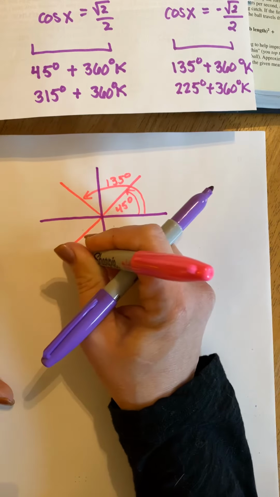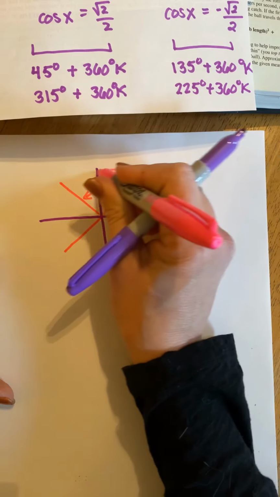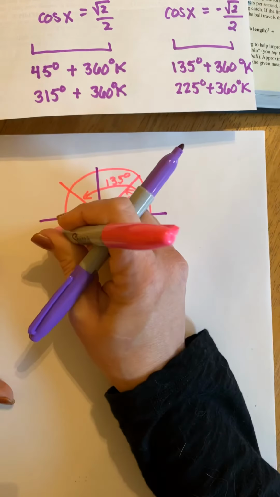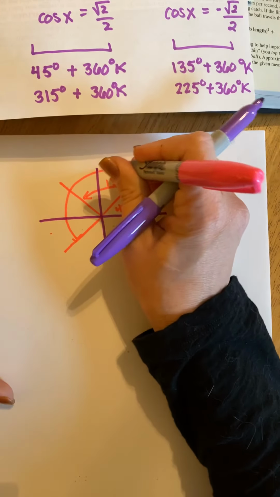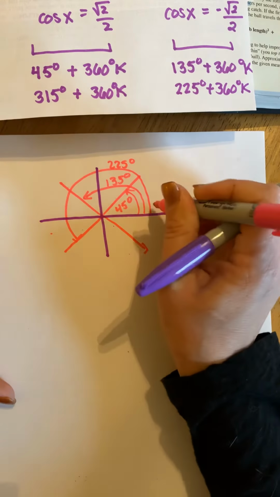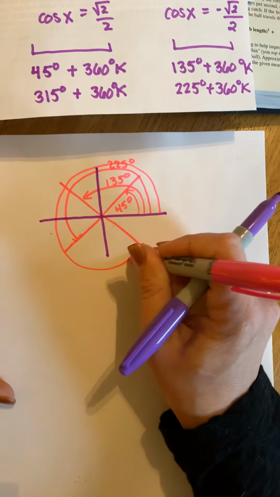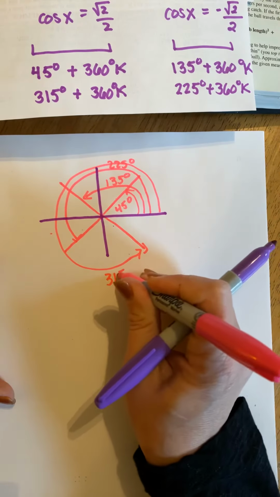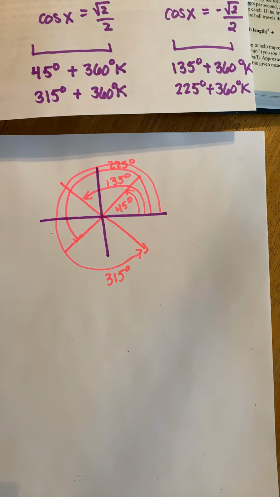And then we're going to go over here, we're going to be at 225 degrees. And then our last one over here, we're going to make it all the way around, and that's going to be 315 degrees.